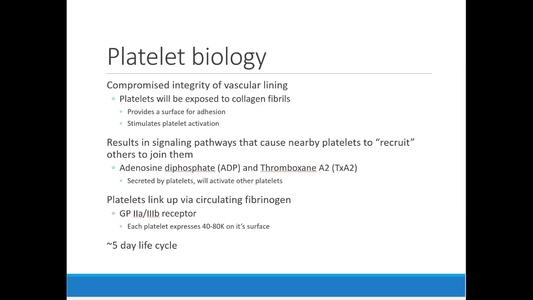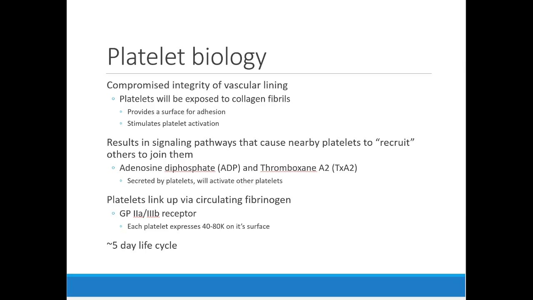Okay, we're going to talk about platelets really quickly first. So if you have compromised integrity of your vascular lining, platelets will be exposed to collagen fibrils, and they'll be provided with a surface to adhere to the vascular lining. And then once that one platelet or two platelets or three or however many start adhering, they have signaling mechanisms that recruit other platelets.